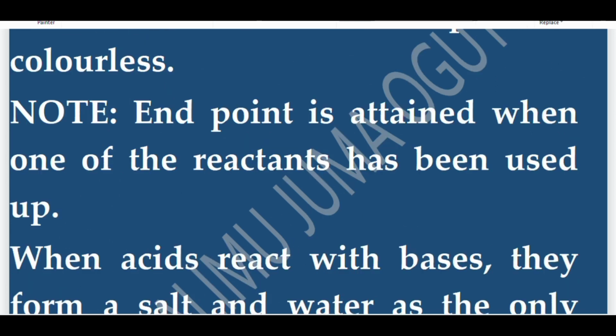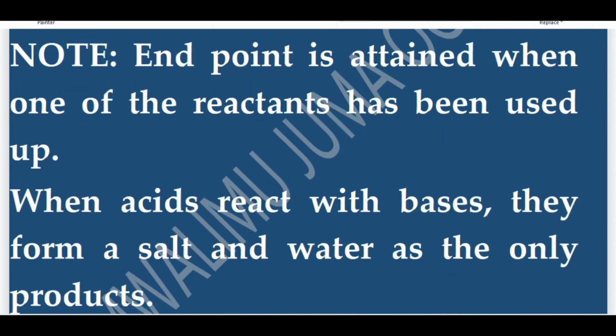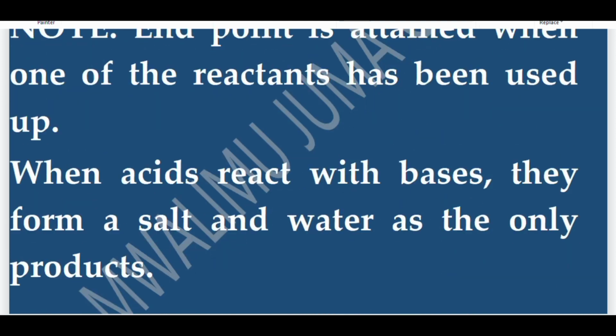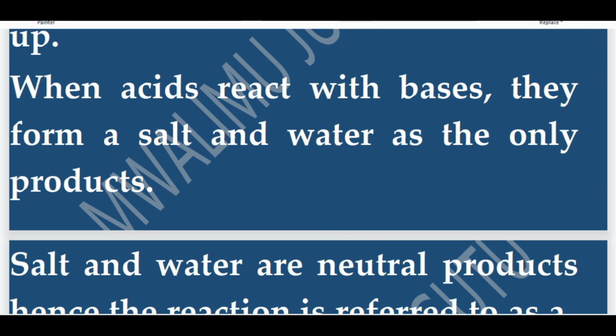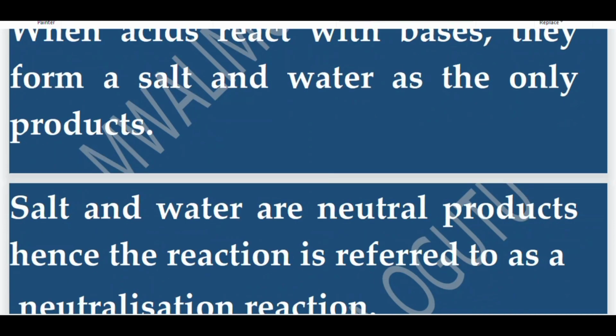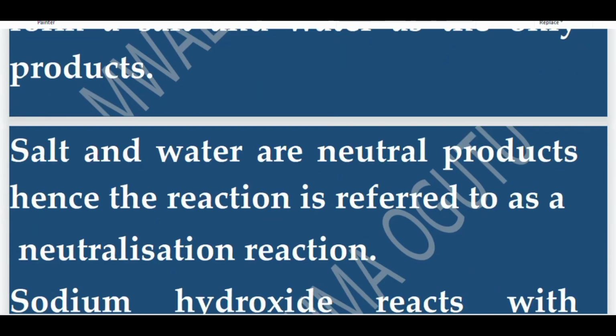When acids react with bases, they form a salt and water as the only products. Salt and water are both neutral products. Hence the reaction is referred to as a neutralization reaction.